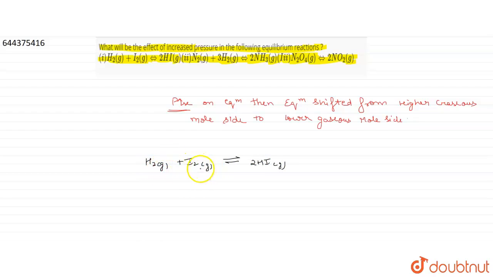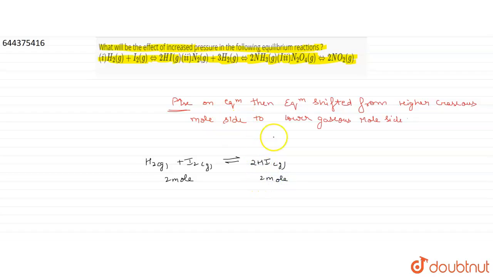H2 is a gas, I2 is a gas, so there are 2 moles. We are taking the stoichiometric coefficient as mole. Here the stoichiometric coefficient of H2 is 1, and of I2 is 1. So there are 2 gaseous moles. And on the product side there are also 2 gaseous moles, because there is 2HI and the stoichiometric coefficient of HI is 2.